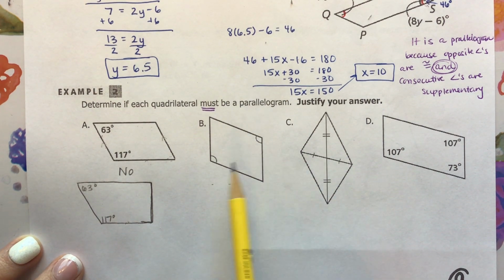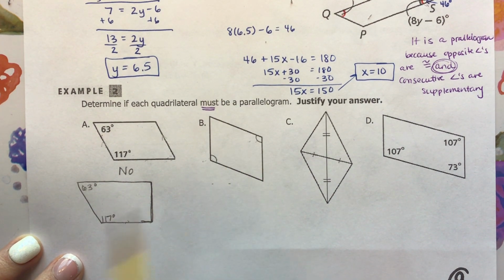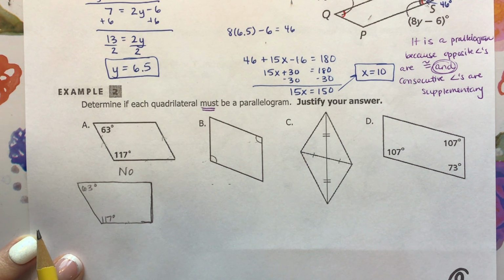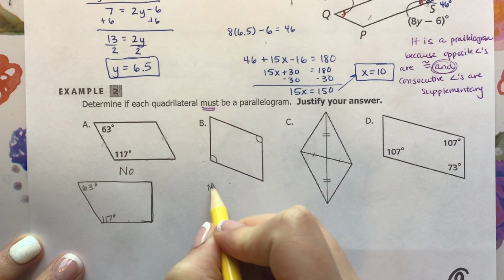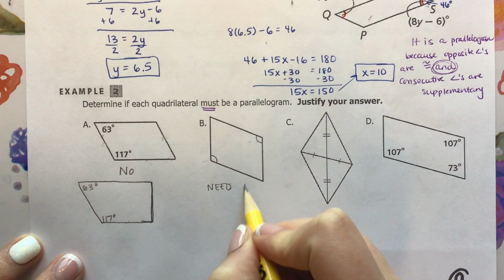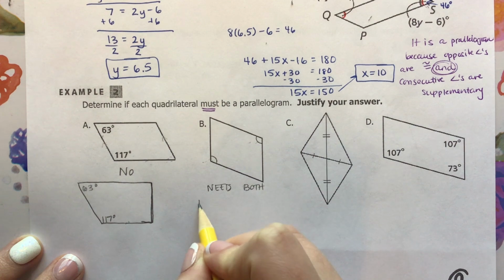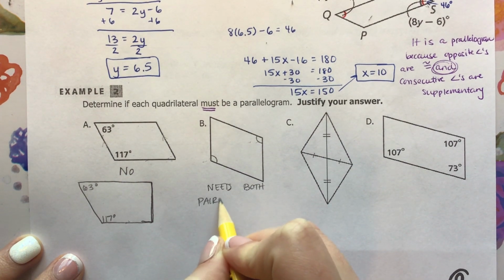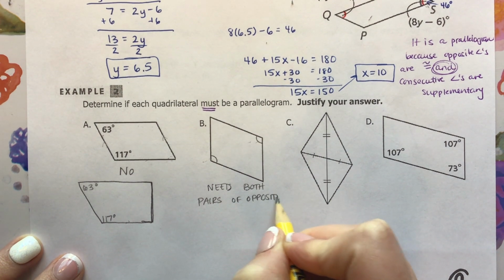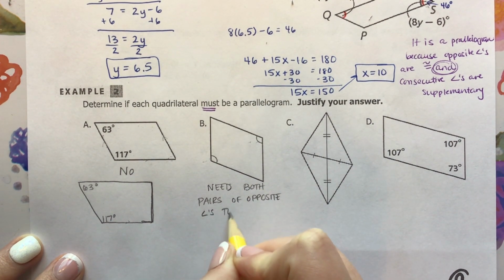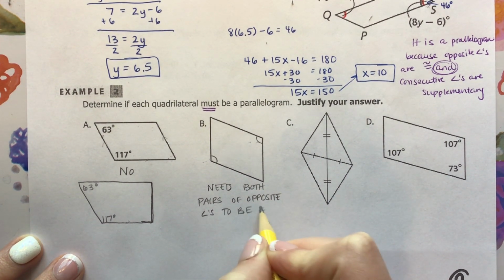In example B, I have one pair of opposite angles that are congruent. The thing is, in a parallelogram, I need both pairs of opposite angles to be congruent.